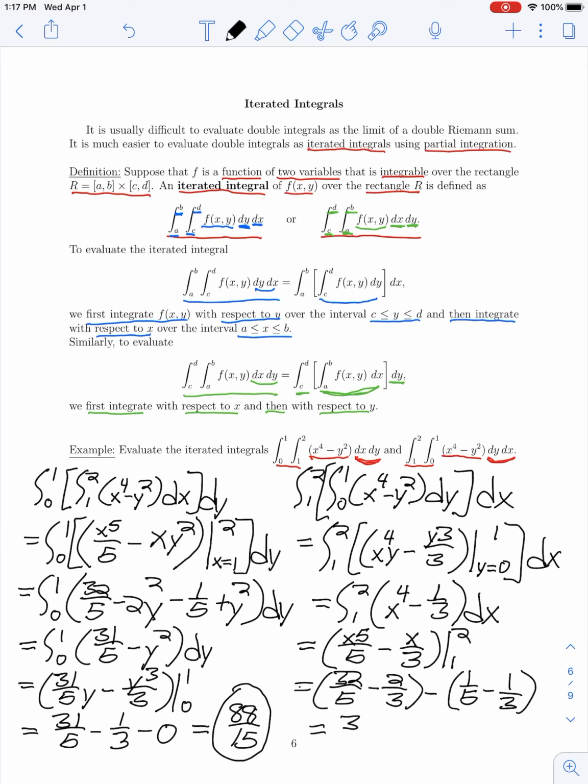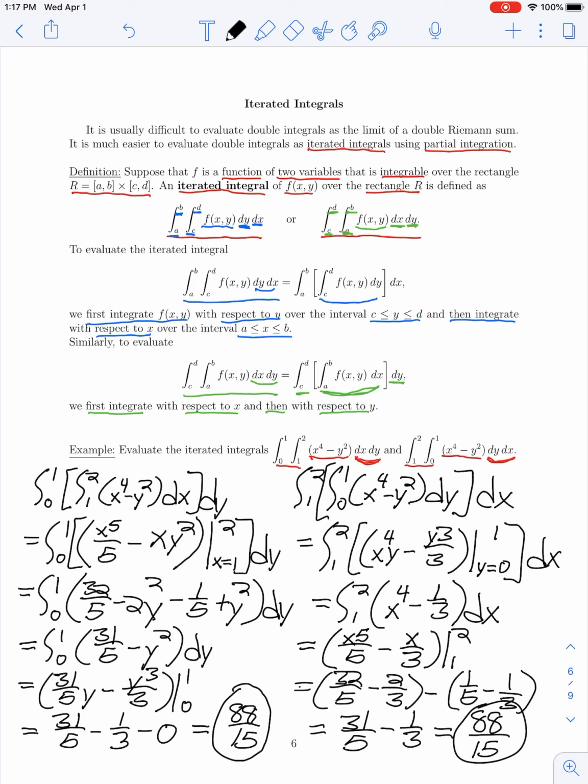And then we subtract what we get when we evaluate at x equals 1, which would be 1/5 minus 1/3. So combining like terms, we're left with 31/5 minus 1/3, which again gives us 88/15.